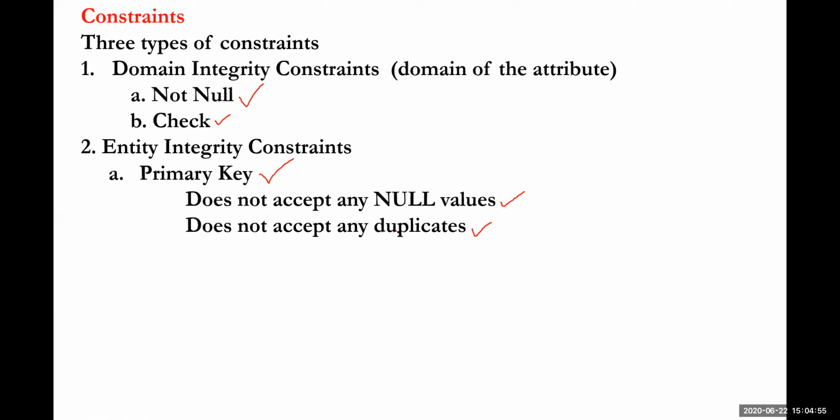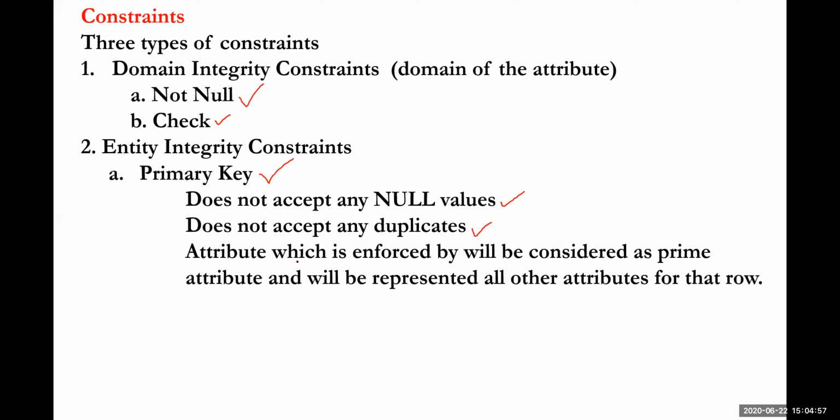More specifically, the attribute enforced by the primary key is considered a prime attribute, and this attribute is able to represent all other attributes within the row.